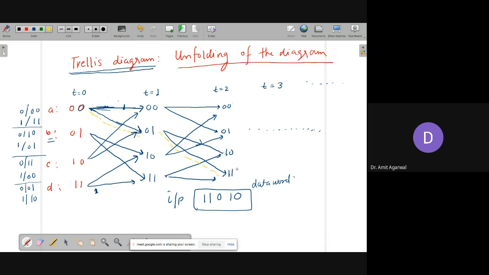Then if 0 comes, where will you go? Right? Because if you are in 1 1, sorry, should write 1. You can also first make the complete.